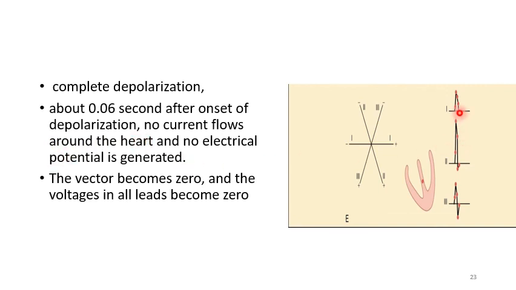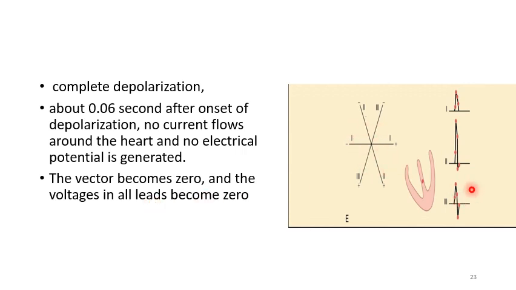So we will go back to the isoelectric line for all three leads. Here we are back to the straight line. There are no electrical potentials, so no vectors in all three leads.